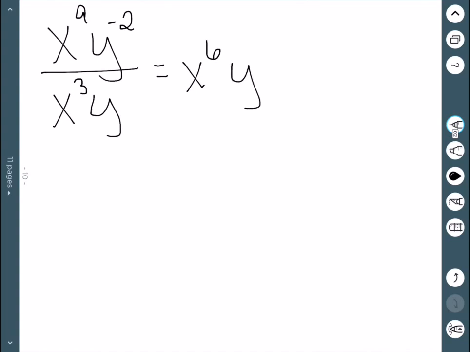For the y, we don't see an exponent on the bottom, which means the exponent is a 1. Negative 2 minus 1 is negative 3. And whenever we are dealing with these, we don't like negative exponents. So we'll move this to the bottom and make this x to the 6th over y cubed.